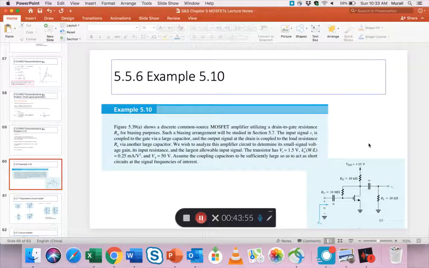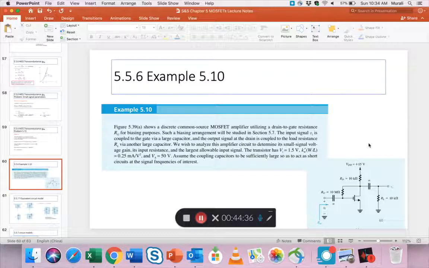Generally, we assume that there is a VDD source, right, on the drain side, and we have some kind of battery on the gate side, so that we get a VGS either through a resistor directly or just grounded, etc. But in this case, he's showing us a form of biasing using a resistor in the gate circuit, and this resistor actually is connected between the gate and the drain circuit, so it's kind of a voltage divider type arrangement.